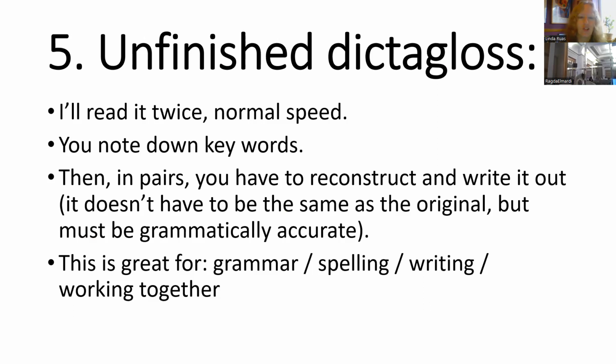So this is the instructions. I will read it twice, normal speed, okay? While I'm reading it, you need to note down the key words, the important words. And then, in pairs, you have the help of others, you have to reconstruct and write it out.